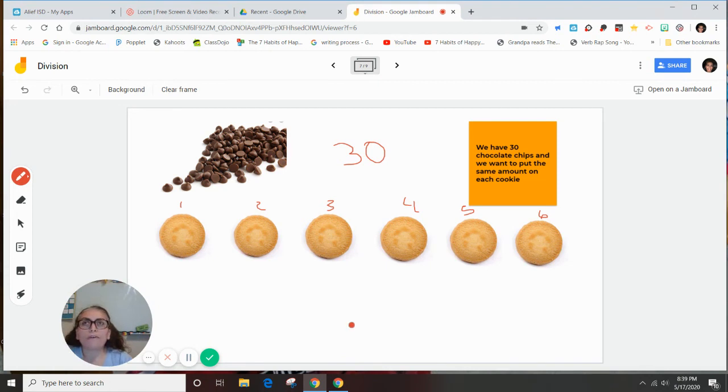Or if I feel comfortable doing skip counting by a certain number, I can do it like that. And I know there's 30, so maybe I want to count like, okay, you know what? I'm going to put 2, 4, 6, 8, 10, 12. Okay, not skip counting by 2. I need to do another round. Maybe that will help, but it's going to be a bit hard.